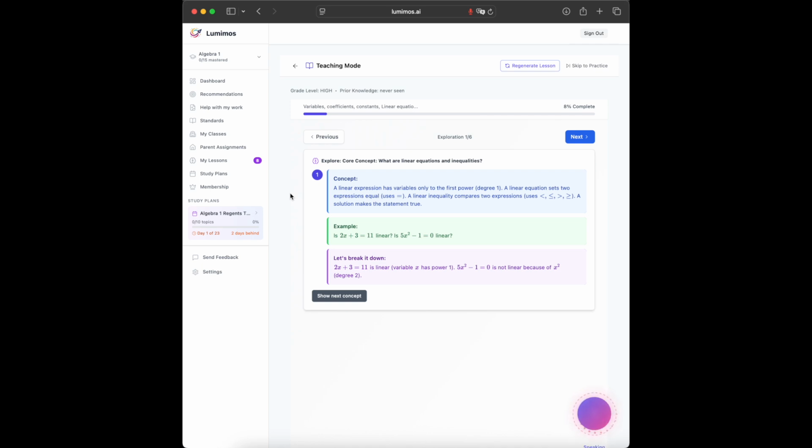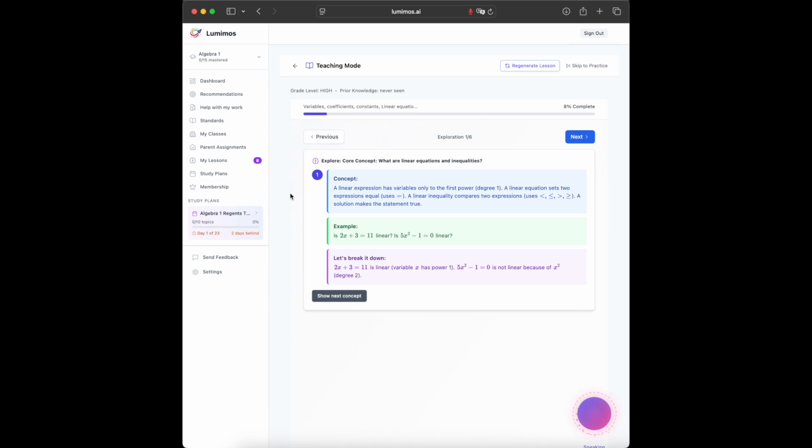Awesome. Let's explore the core concept. What are linear equations and inequalities? Here's what the screen shows. A linear expression has variables only to the first power, degree 1. A linear equation sets two expressions equal using an equal sign, and a linear inequality compares two expressions using less than or equal to, greater than or equal to.